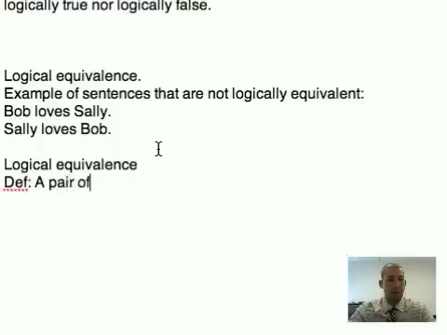A pair of sentences. So for now, we'll define it just as a pair, but it doesn't actually just have to be a pair of sentences. It could be more, but the idea here is that you need more than one. So we'll say a pair of sentences.